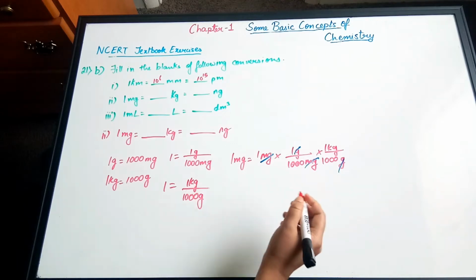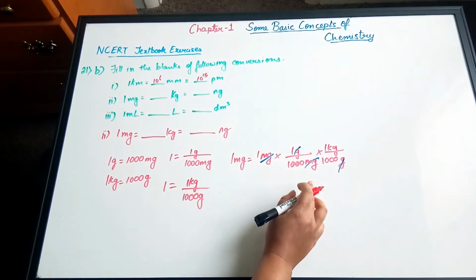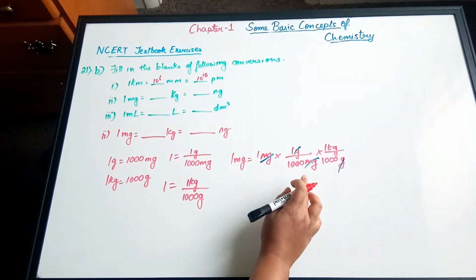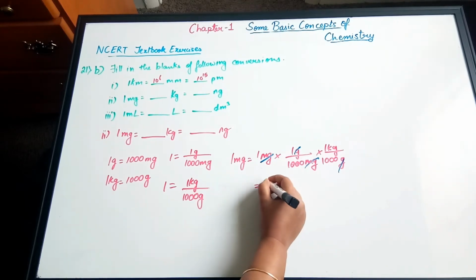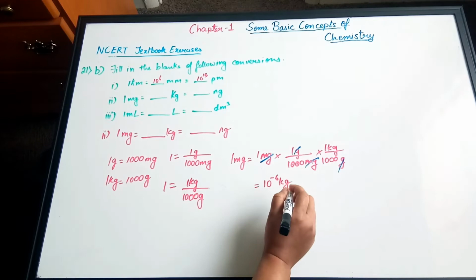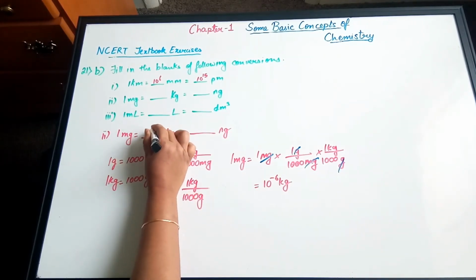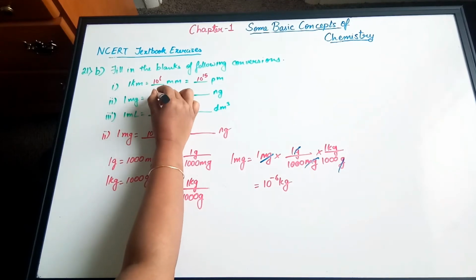These 1000 values are in the denominator, thereby the value of this equals 10 to the power minus 6 kilograms. So here you have 10 to the power minus 6. I'll just write it here as well.